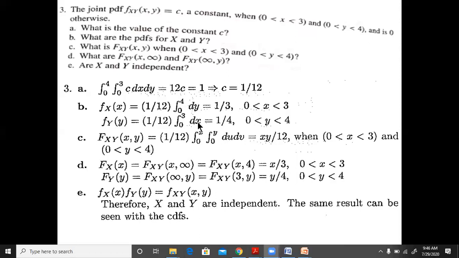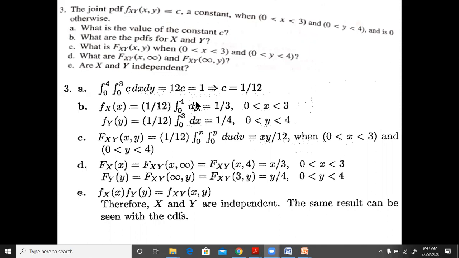Now if you integrate this, the integral 0 to 4 of dy, you get y with limits 0 to 4, that will be 4, and 1 by 12 into 4 will be 1 by 3. Because it is f of x, it should be present between 0 and 3. Similarly, f of y is the integral 0 to 3 of f of x, y dx.